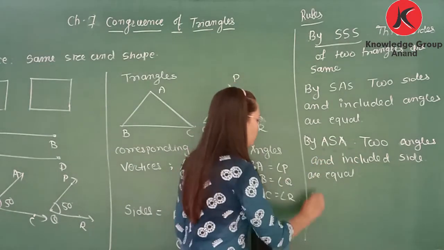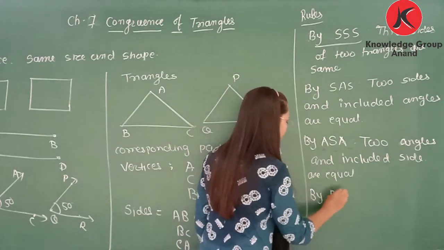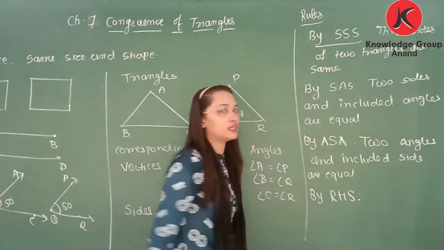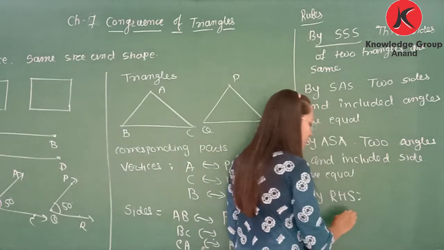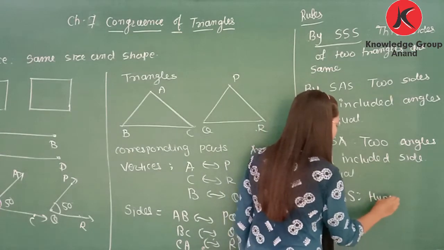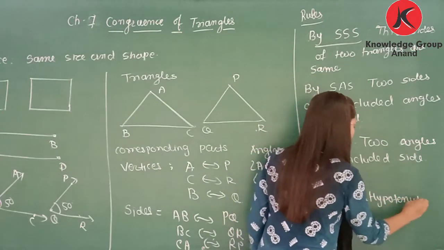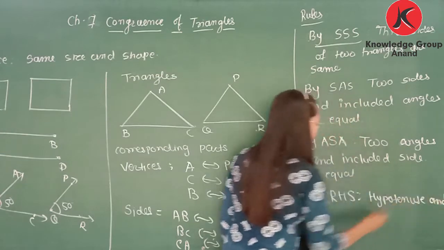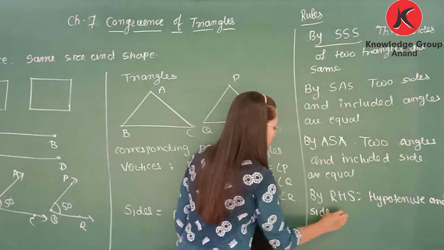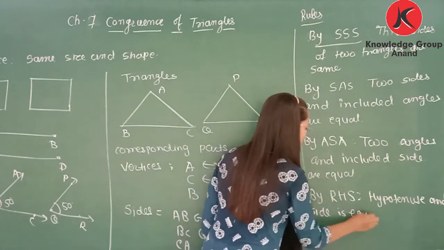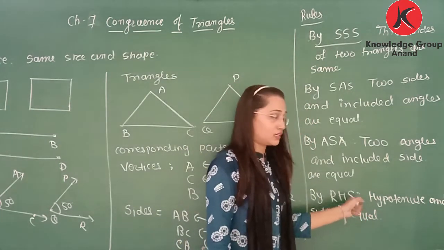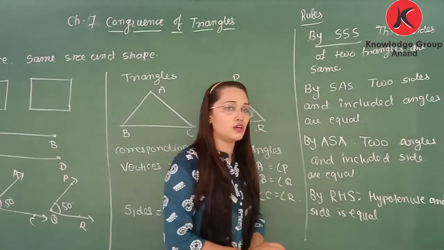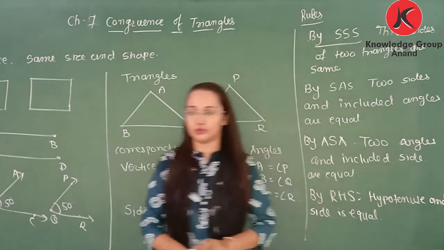And after that, we learn one more criteria, that is for right angle triangles, the RHS criteria. If in a right angle triangle the hypotenuse and a side are equal in two triangles, then we can apply the RHS criteria. So four criteria we learn in congruency of triangles.